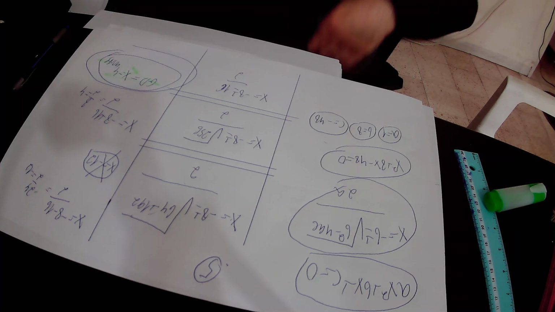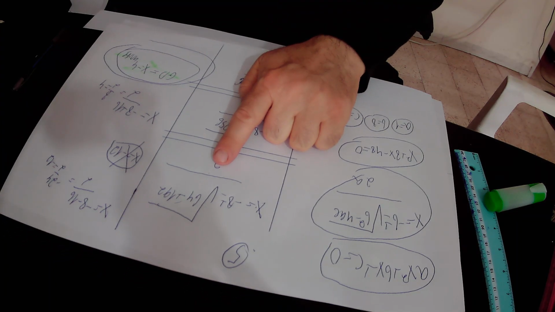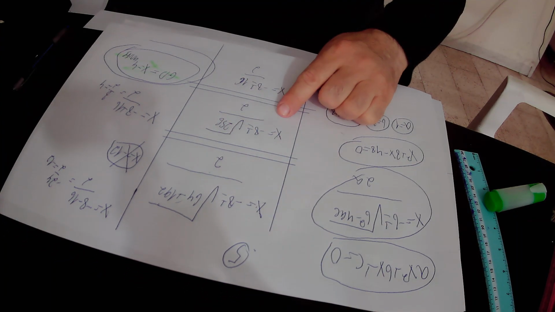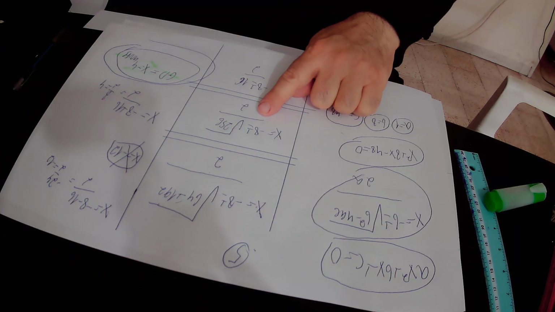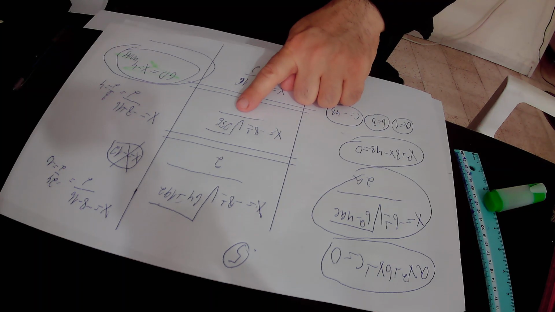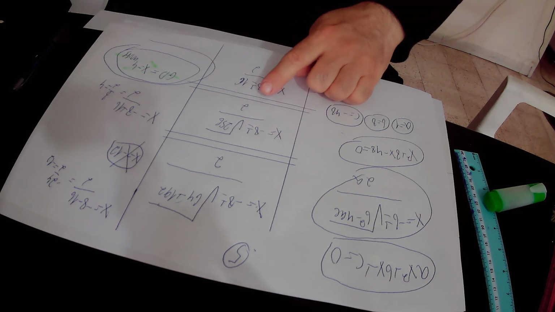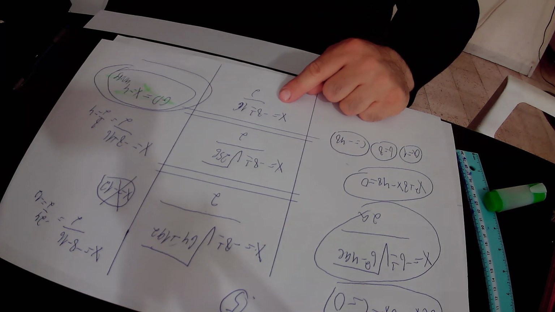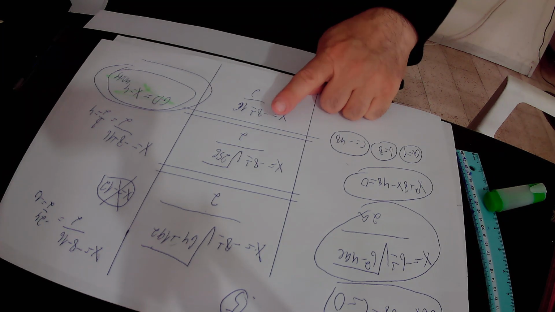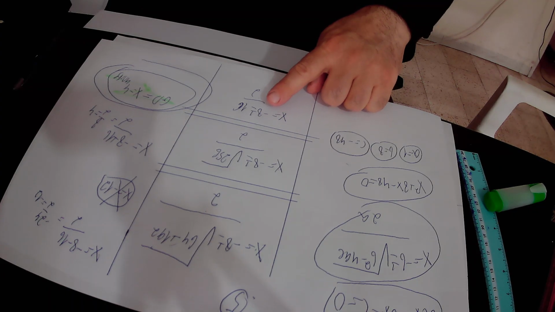So inside the root we have 64 plus 192, which is 256. So x equals minus 8 plus or minus the square root of 256, which is 16, over 2.